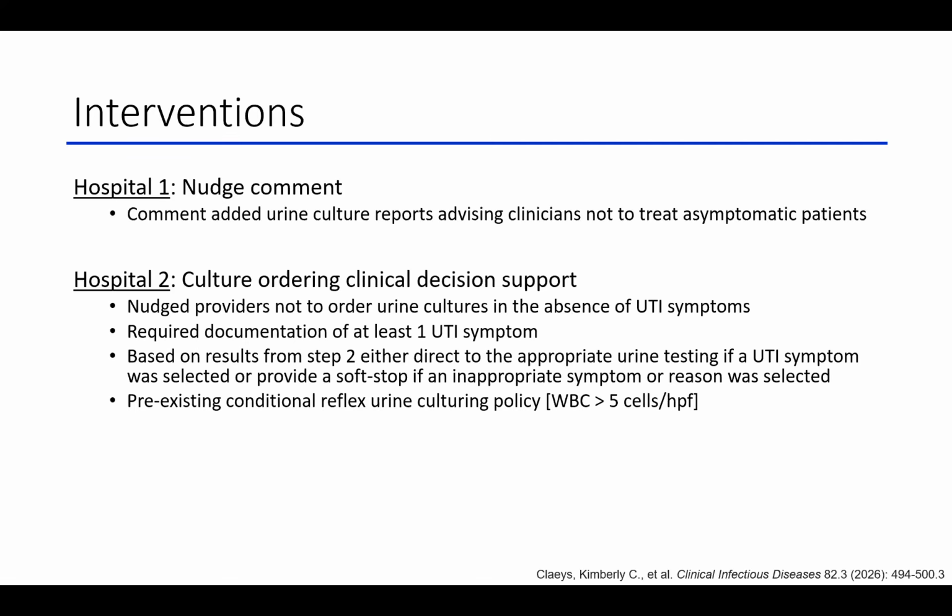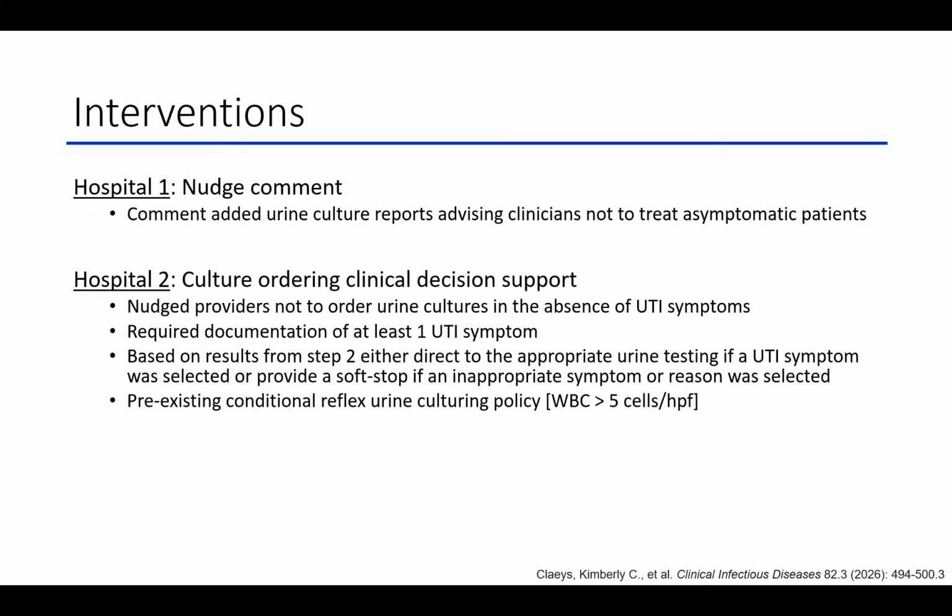Hospital 2 is a little bit more nuanced. They had the nudge already that Hospital 1 implemented. They require documentation when ordering of at least 1 UTI symptom. Depending on what symptom they chose, if they chose foul smelling urine or something like that, that's not really a criteria for UTI.